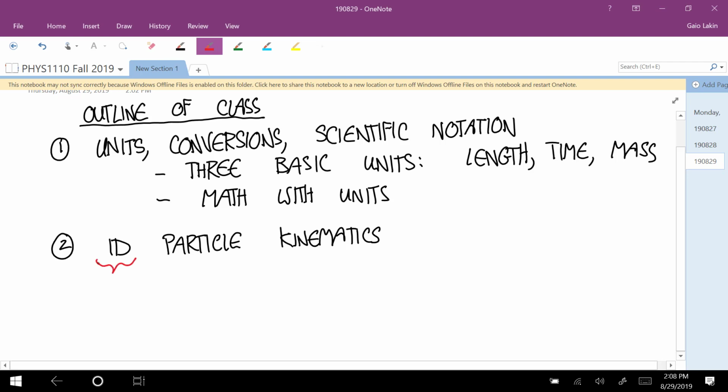The 1D, for our purposes, you can really just think of as something moving along a line, although you can have 1D motion that isn't along a line, but I'll talk about that later on. So you can basically think of it as along a line. Particle.